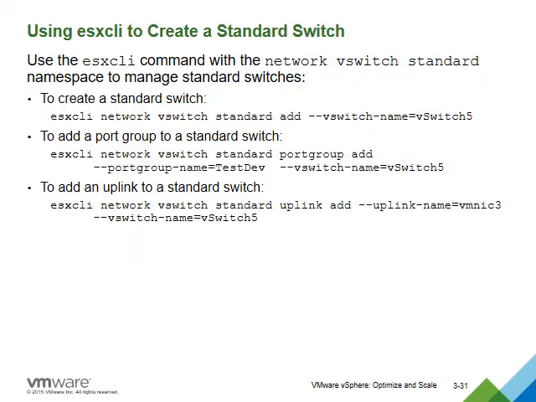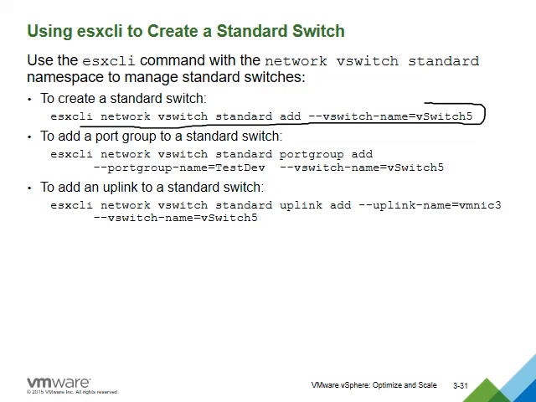When creating a standard switch with your ESXCLI, you'll want to create your standard switch, which you'll see right here. You've got your esxcli network vswitch standard add, with your vSwitch name, which is vSwitch5.